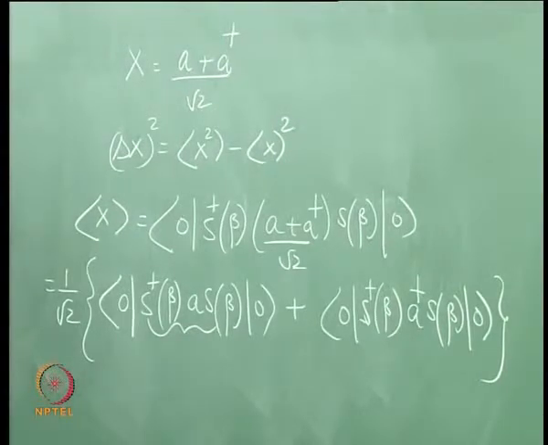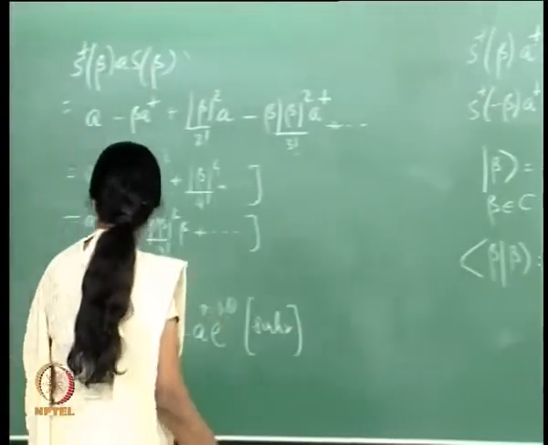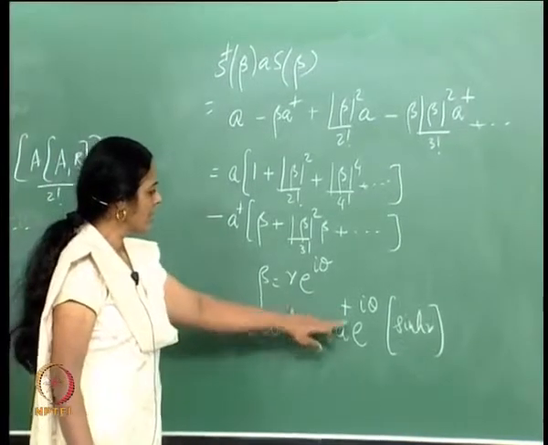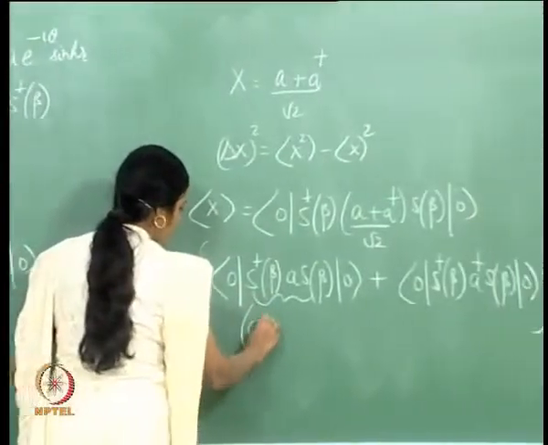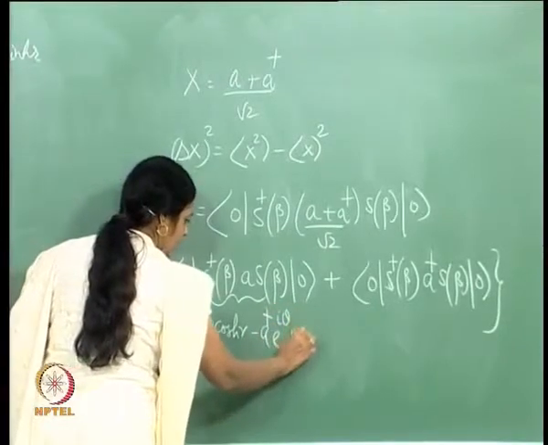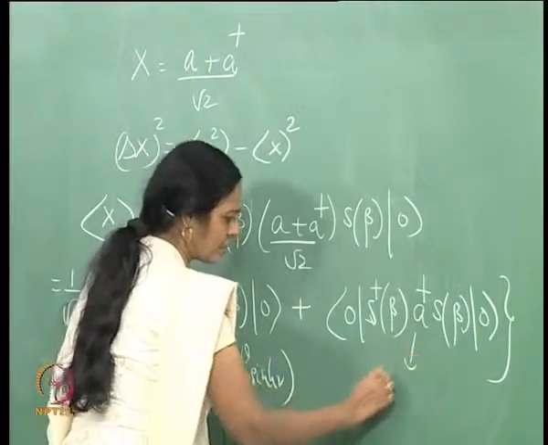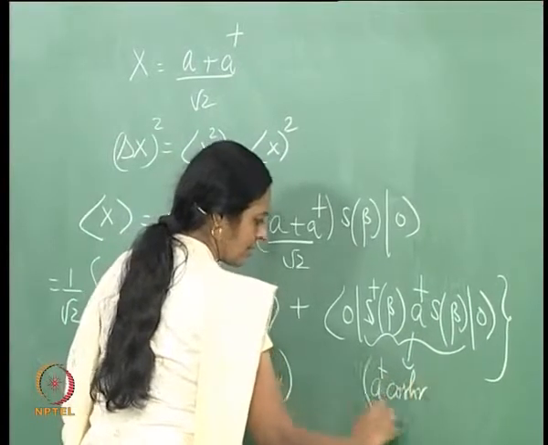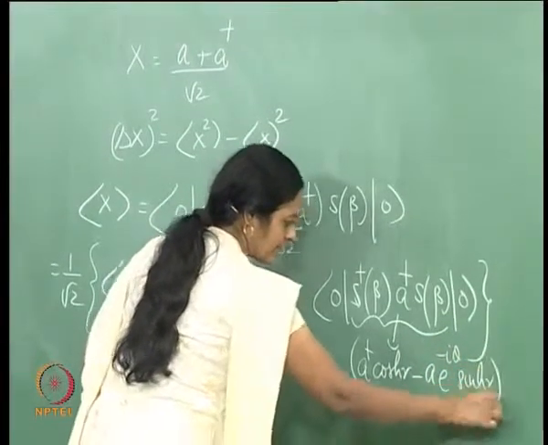S dagger of beta A S of beta is out here. It is A cos h r minus A dagger e to the I theta sin h r. So, this is A cos h r minus A dagger e to the I theta sin h r. And S dagger of beta A dagger S of beta, this object is A dagger cos h r minus A e to the minus I theta sin h r.